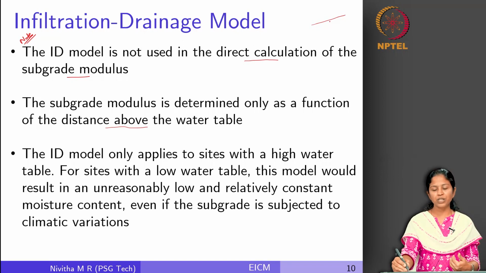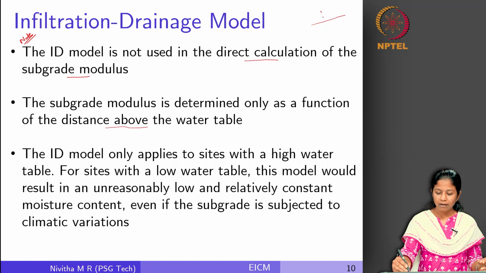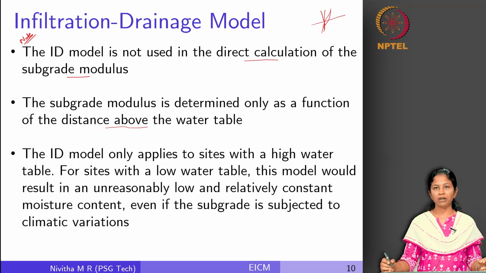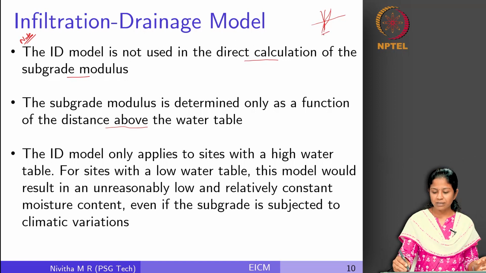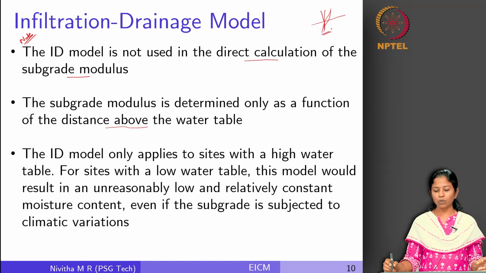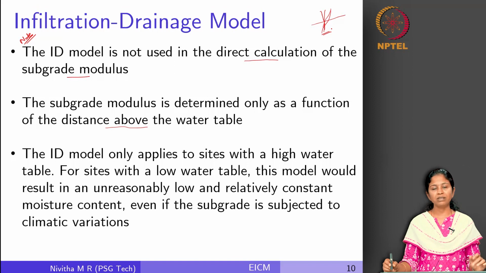The amount of moisture content will vary in the top for different degrees of saturation, but when it reaches a particular depth, it was all converging to a closer range. So, because of this, they did not take into account the infiltration effect on the subgrade modulus.